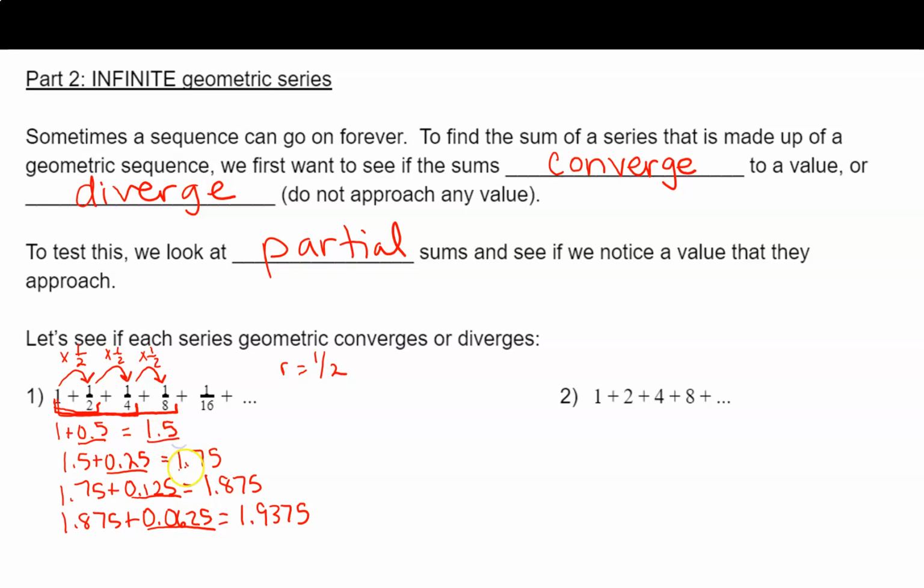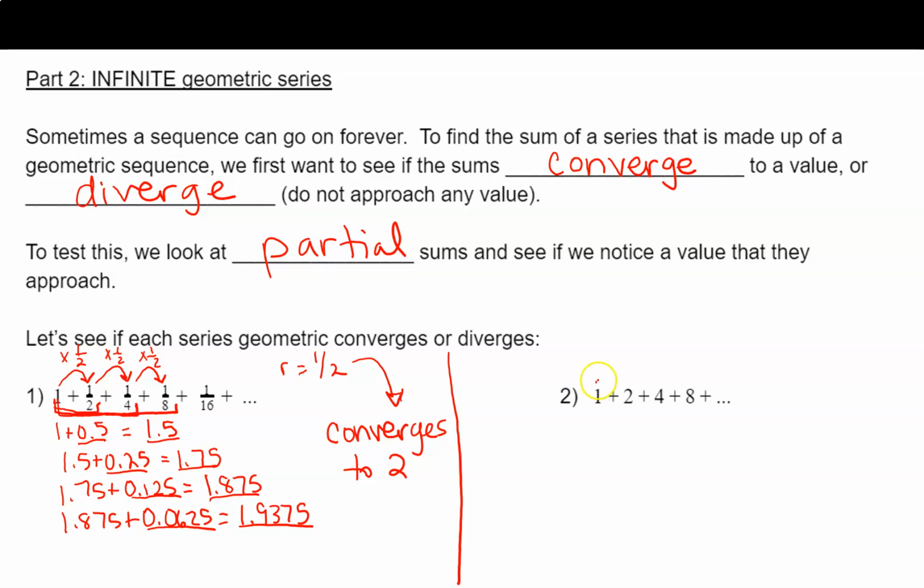So it looks like we are approaching the value 2. So 1.9375, we're getting dangerously close to 2. So we're going to say this converges to 2. Notice that happened when we had r equals 1/2.